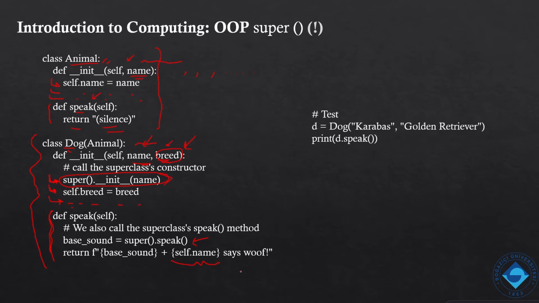I hope you understand much better now. It means we can even call the function from the superclass by writing super, right? So after defining all my classes here, I can define my object under the dog class. I will give Karabash as its name, and I will give its breed.